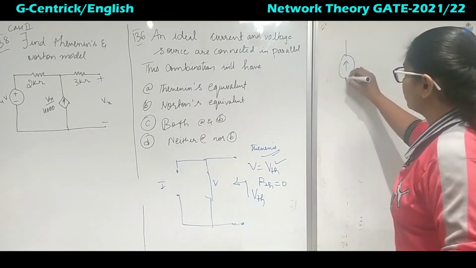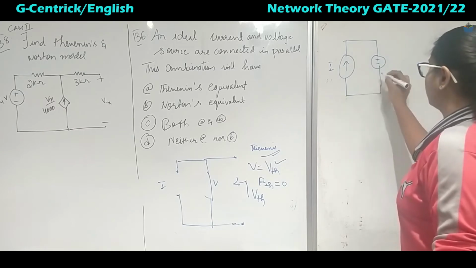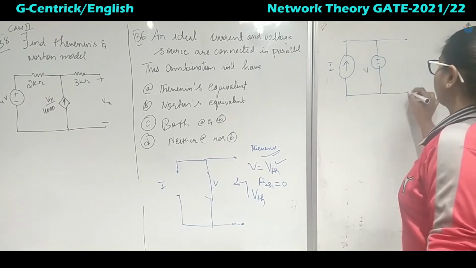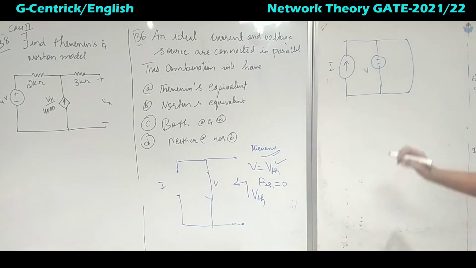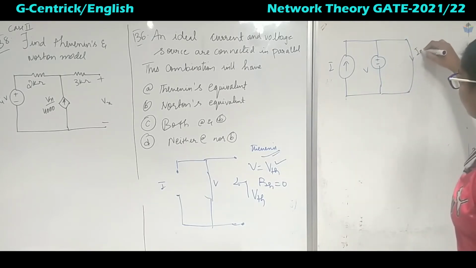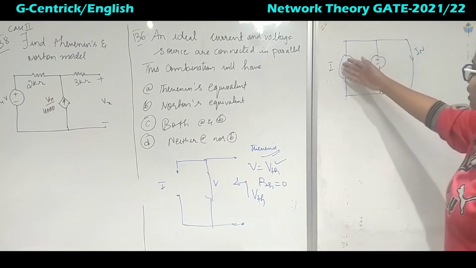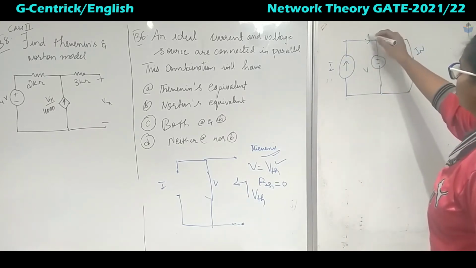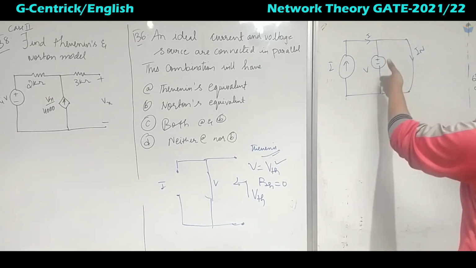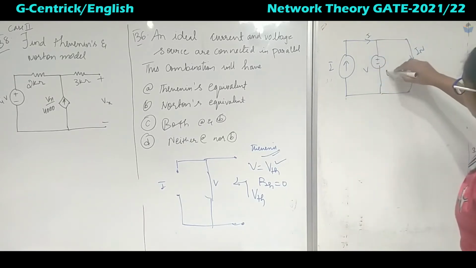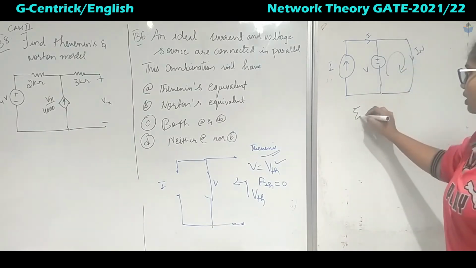Now we will see for the Norton. We have a current source and a voltage source, and we have to find the Norton equivalent. So we have to short the terminals and find IN. Here is I. Now whatever there will be, does it go here or here also? There will be some path also. Now if you apply KVL, what should it say?